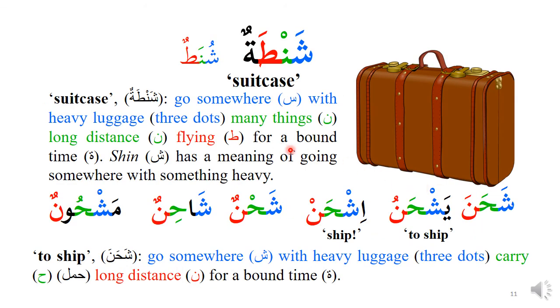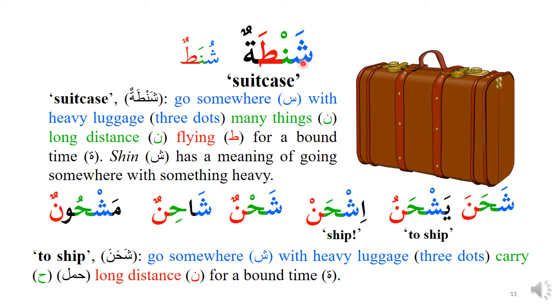Then you notice this sa, I told you, means something heavy because of three dots, right? And hakibatun would mean something like a handbag or a suitcase, but shanta would mean suitcase. Sorry, shanta would mean a suitcase, and hakibatun would mean a handbag or like a briefcase. So let's see here.